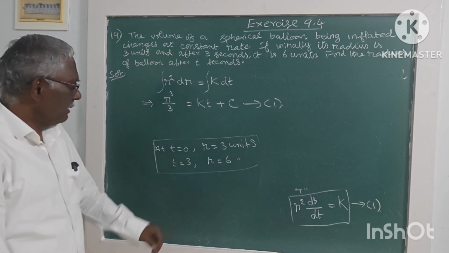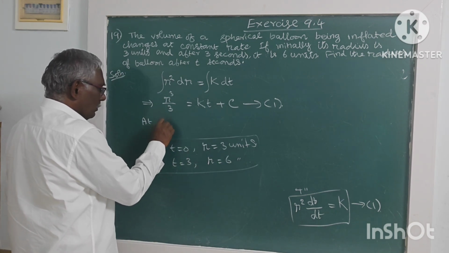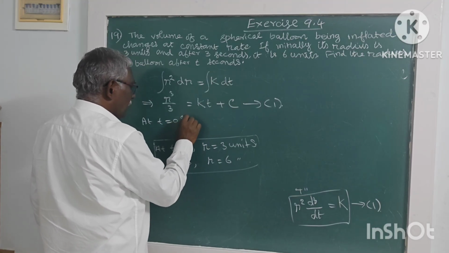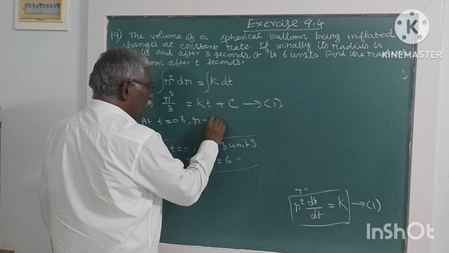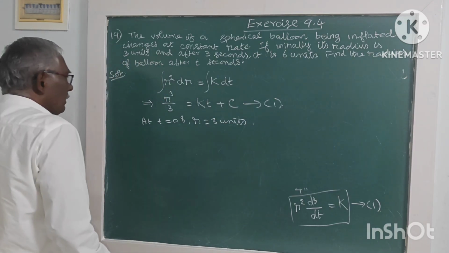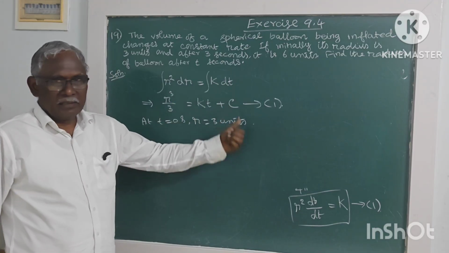initial conditions. At t is 0, r is 3 units. So put t is equal to 0 and r is equal to 3 in this equation 1.